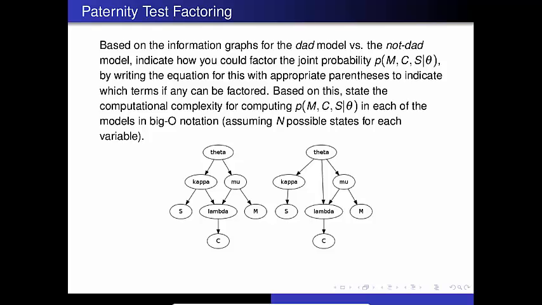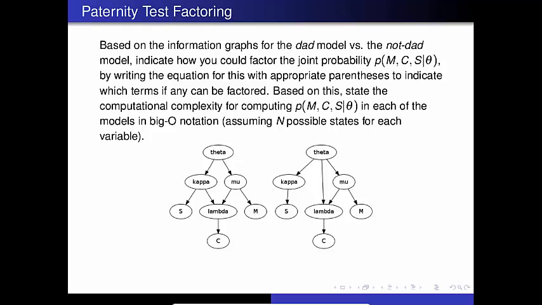In other words, let's just abstract the number of possible states of our hidden variables. Let's just assume they all have the same number of possible states for each hidden variable, and we'll just call that number of states n. So we're going to give it as some big O notation for n.